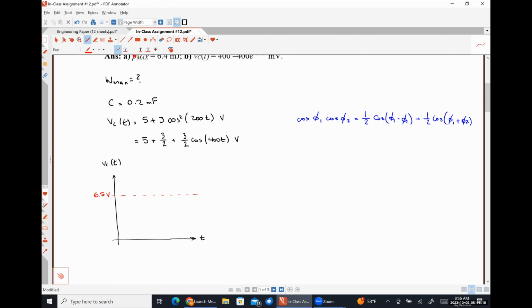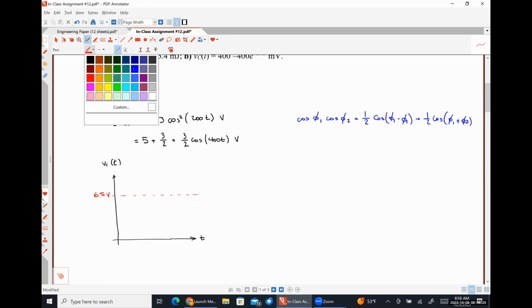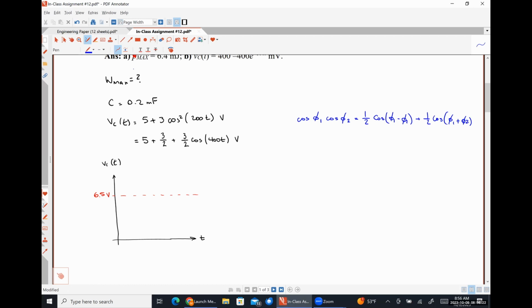And then on top of that DC offset, I'm going to have a sinusoidal signal that is superimposed. Because we're dealing with a cosine signal, it should have its maximum value at t equal to 0, and then it'll oscillate from there. So up here, this should be 8 volts. Down here, this should be 5 volts.